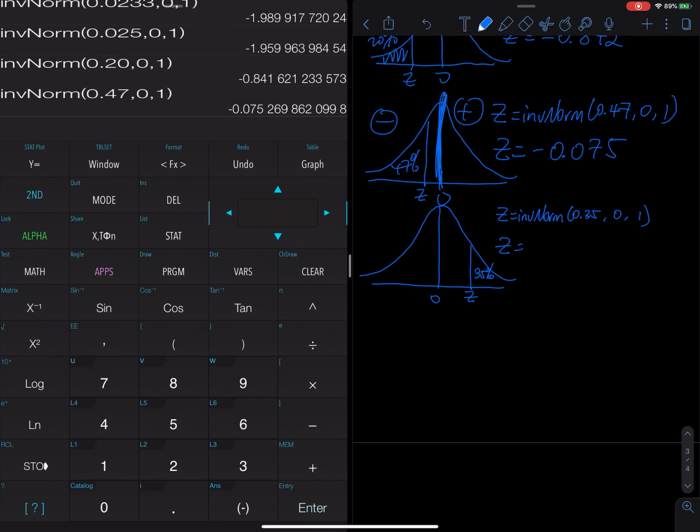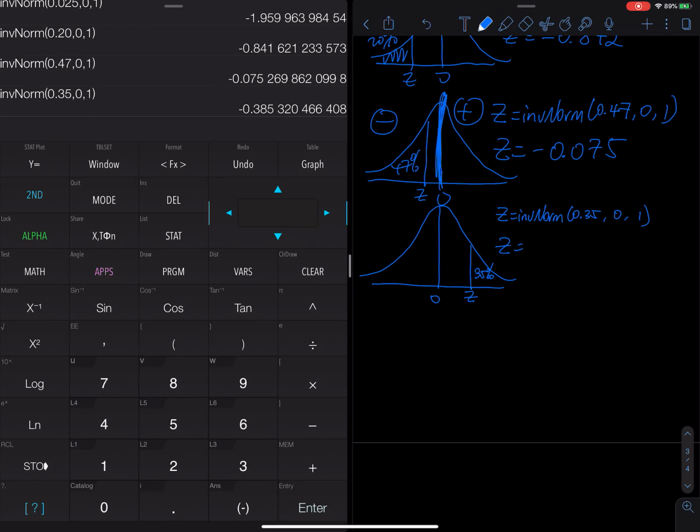Second VARS, inverse norm 0.35, 0, comma 1. So that is negative 0.385. Do I need to remove the negative? Of course, because this Z is on the right hand side. The one that we want is positive 0.385. That's how you do it.